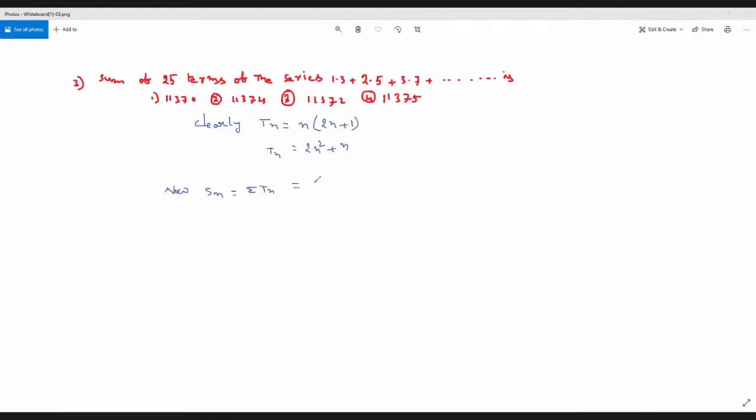Sigma Tn means it is clearly sigma 2n square plus n. So 2 into sigma n square plus sigma n. Already you know that sigma n square is n into n plus 1 into 2n plus 1 by 6. Okay, na? Sigma n is n into n plus 1 divided by 2.